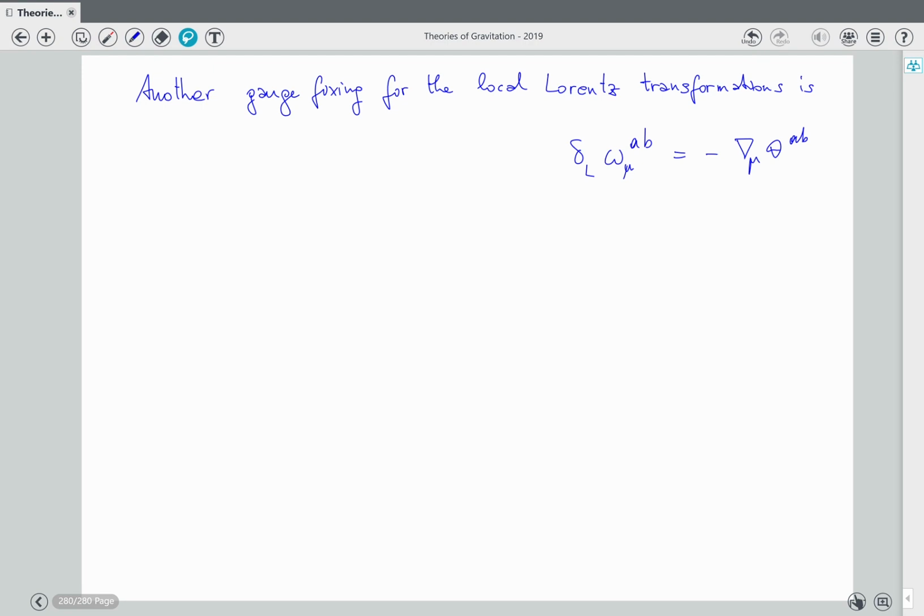So you can say, oh, this is very similar to delta A mu equals partial mu lambda, so why not mimic the usual gauge fixing condition, partial mu A mu.